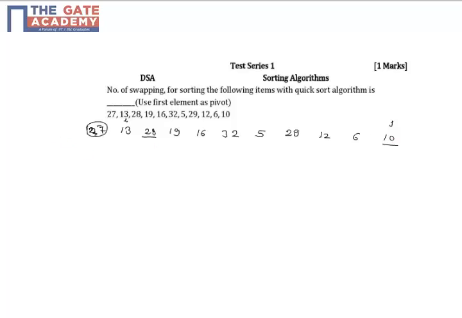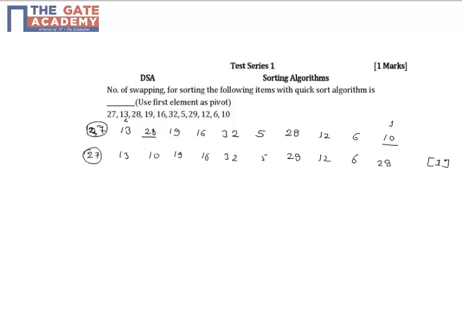So these two items will be swapped. My list will become 10 and 28 swapped, remaining items remain the same. On the right hand side I am writing the number of swaps, that is 1.